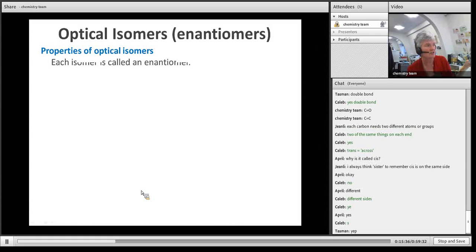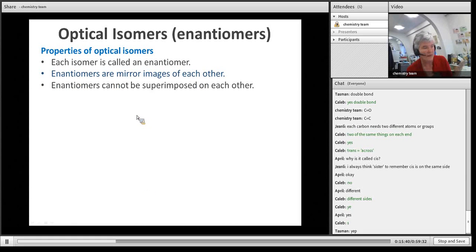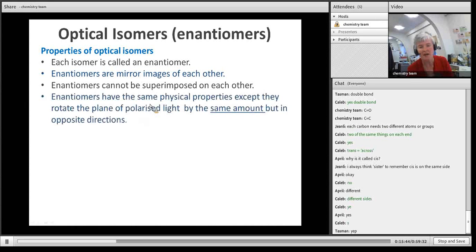So this is an enantiomer, they're mirror images. You can't superimpose them. And this is the point I wanted: they have identical physical properties. The only way you can distinguish one from the other is that they can change the plane of polarized light.